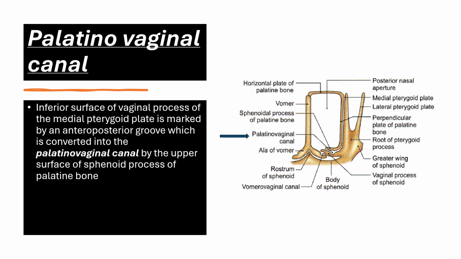So now you can understand what the palatino-vaginal canal is and how we can relate its position with the medial pterygoid plate, the vaginal process of the sphenoid, and the sphenoidal process of the palatine bone.